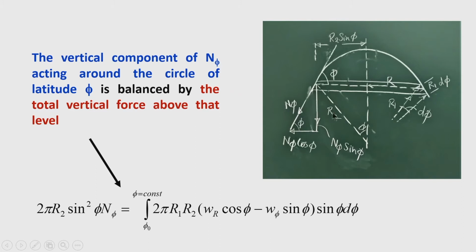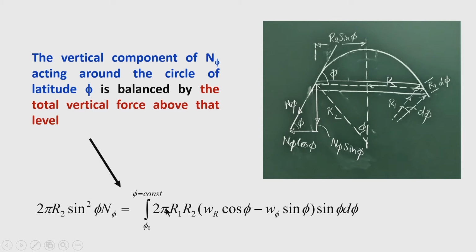You can see here r1 d phi is the width, and the circumference is 2 pi r, where r can be expressed in terms of r2 sin phi. So these are involved inside the integral expression.